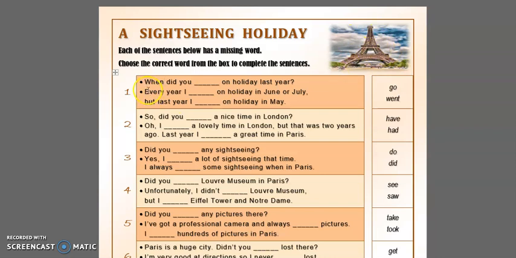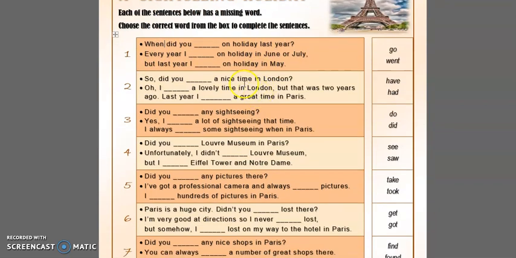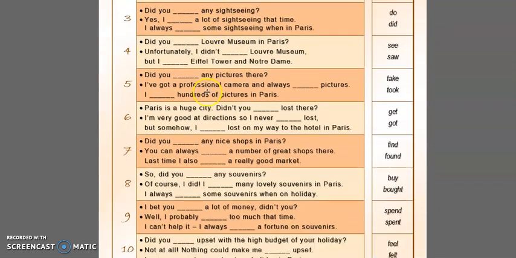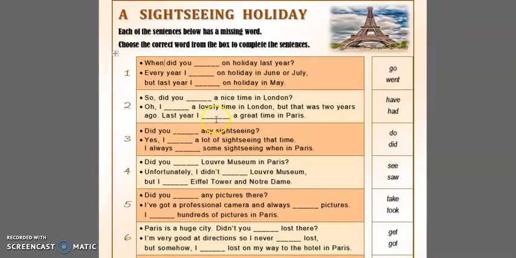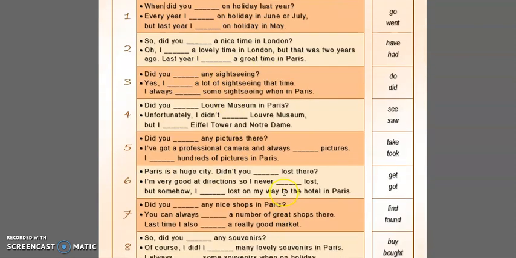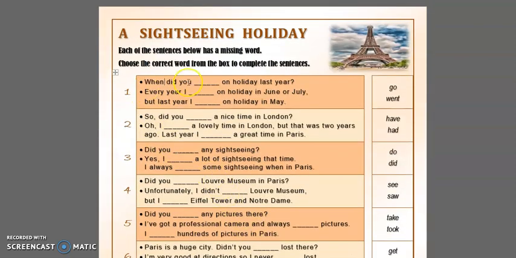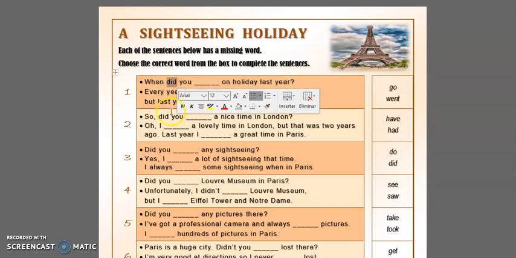Okay, let's resolve the first example and then you are going to complete the left examples, okay? Vamos a resolver el primero y ustedes continúan con los otros. When did you on holiday last year? Did here is telling us that we are talking in past.